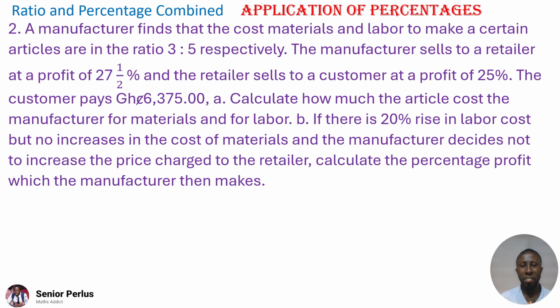The manufacturer sells to a retailer at a profit of 27.5%, and the retailer sells to a customer at a profit of 25%. The customer pays 6,375 Ghana cedi. A. Calculate how much the article cost the manufacturer for the material and for the labor.